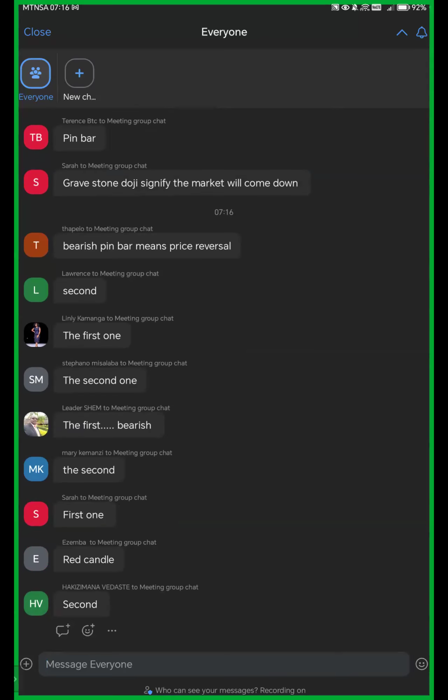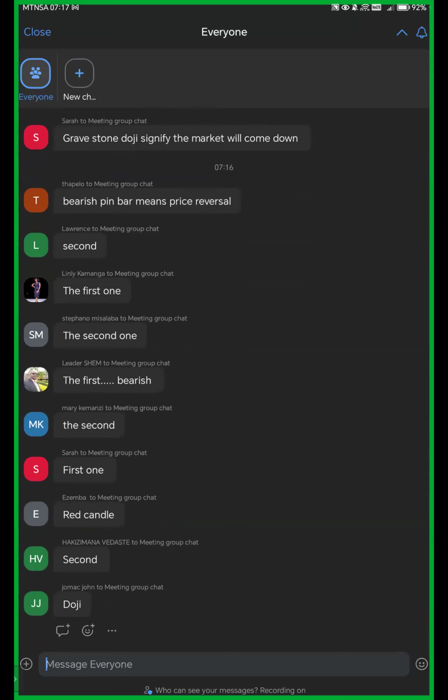If you say the first one is a pin bar, the second one is a what? It's a doji. Guys, that one is a doji. And it is a gravestone doji. Okay? The second one is a doji.